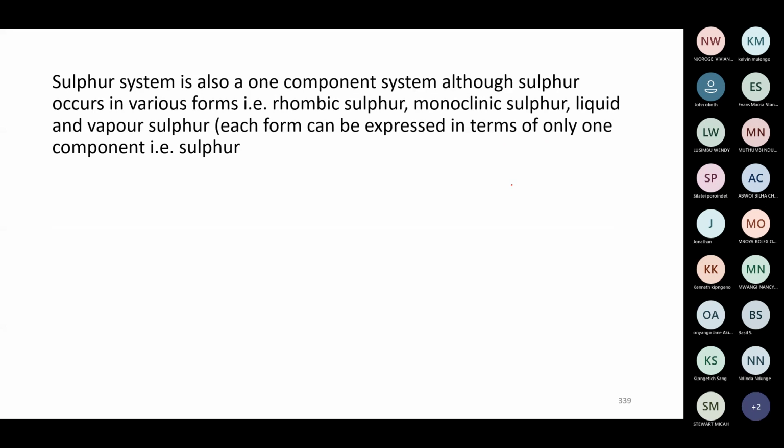Another system we can look at is sulfur, a sulfur system. This is a one component system, although sulfur occurs in various forms. That is, you have the rhombic sulfur, you have monoclinic sulfur, you have liquid sulfur, and you have vapor sulfur.